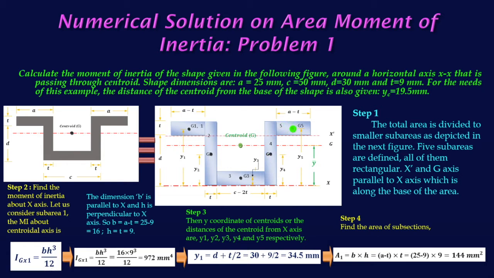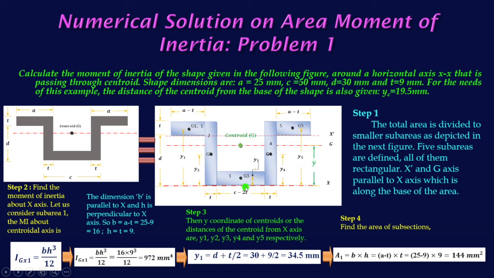But we don't know the position of the centroid of the entire area. So let's consider here this is the centroid. As the structure is symmetric in left and right side, it must be on the middle of the section.